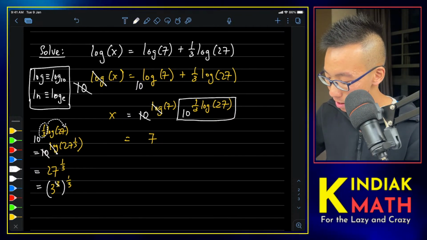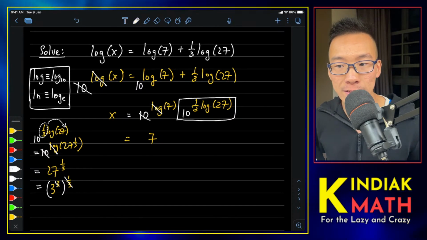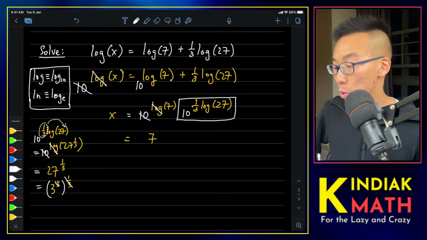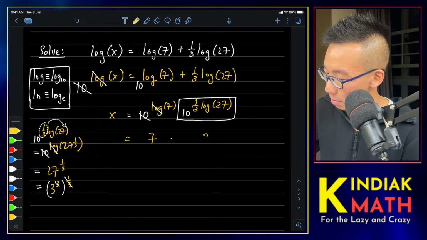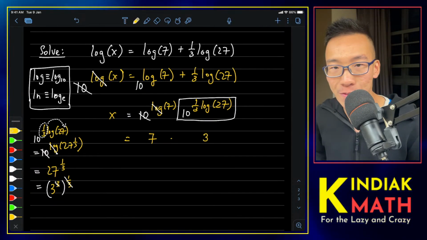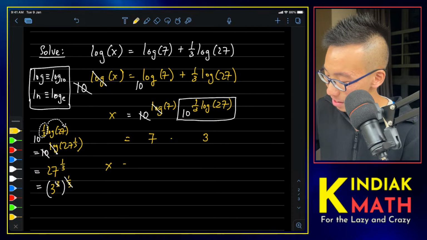In a sense, the 3 and the 1/3 cancel out as well. We are left, therefore, with 7 multiplied by the number 3. And that simplifies relatively straightforwardly to 21.